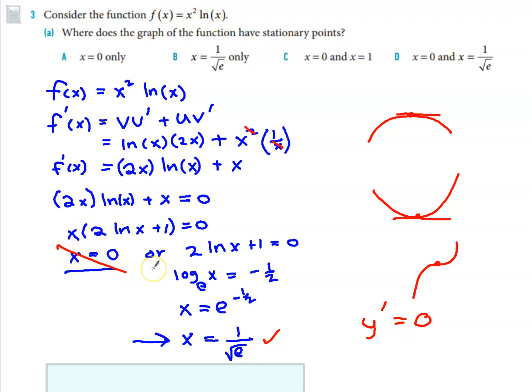So that has to be crossed out. And the final answer is just x equals 1 on the square root of e only. Final answer, therefore, is B. So we'll stop there. That's question 3A from exercise 3.7.